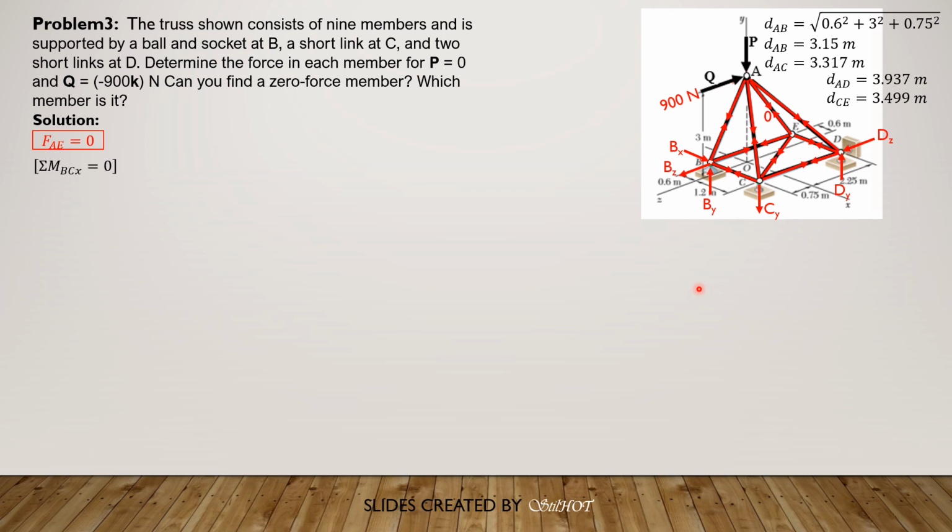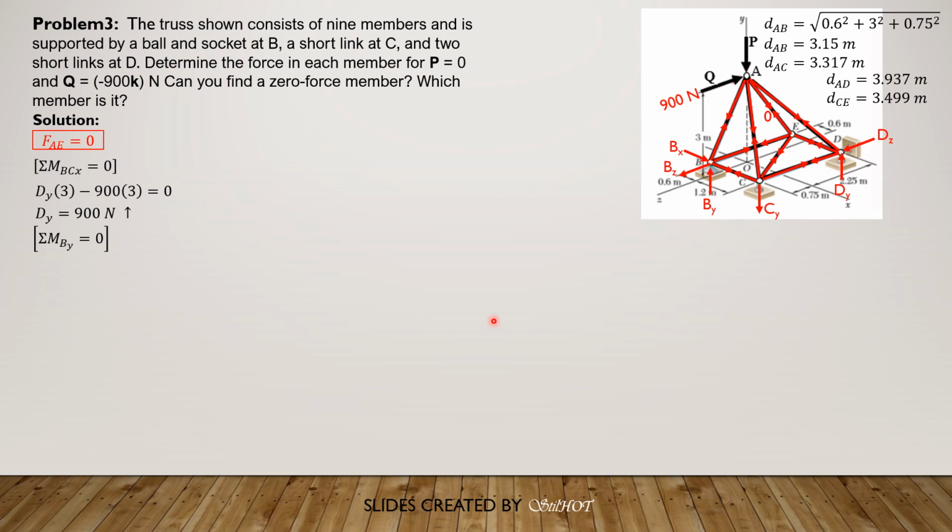Then by right thumb rule, so it is dy times 3 minus 900 times 3 equals 0. So that's the only forces because DC is passing through BCX. So dy is 900 newtons upward as shown.